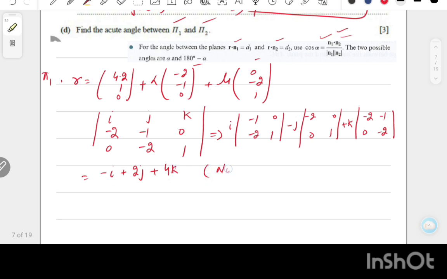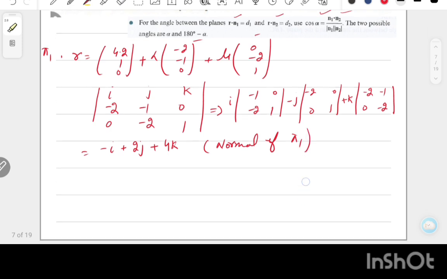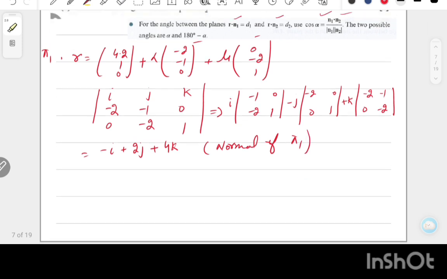So we say that this is the normal of plane 1. Now we have to find n1 dot n2. For this purpose we put in all the values. n1 is minus 1, 2 and 4.